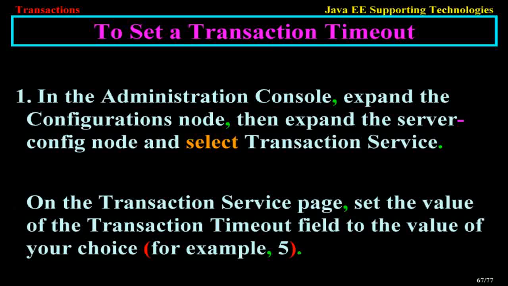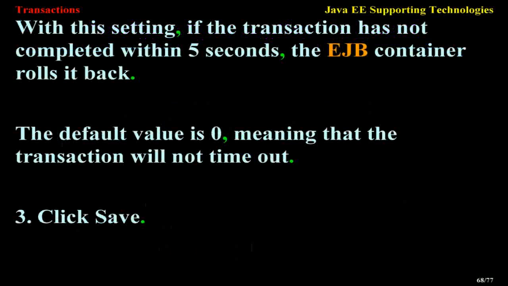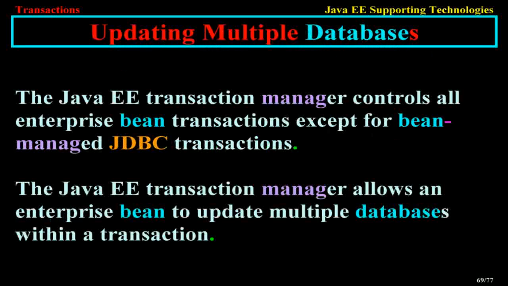On the Transaction Service page, set the value of the Transaction Timeout field to the value of your choice, for example, 5. With this setting, if the transaction has not completed within 5 seconds, the EJB container rolls it back. The default value is 0, meaning that the transaction will not time out. Click Save.